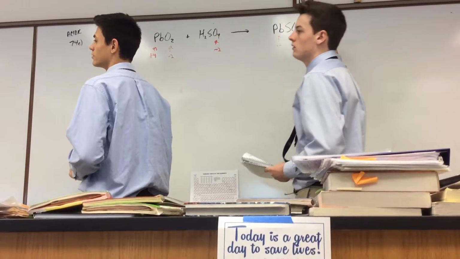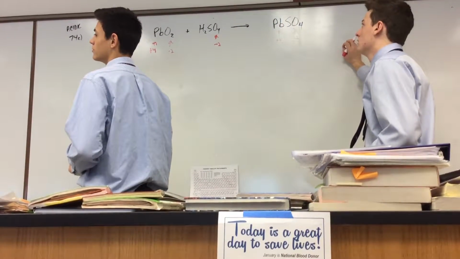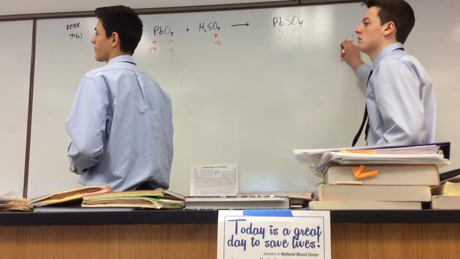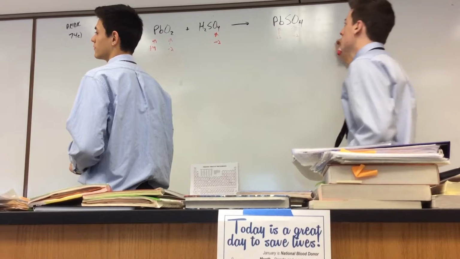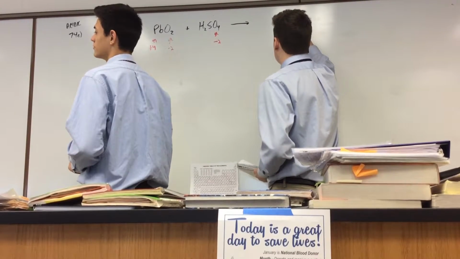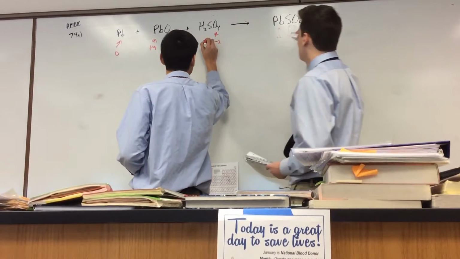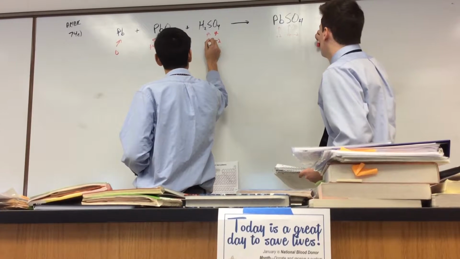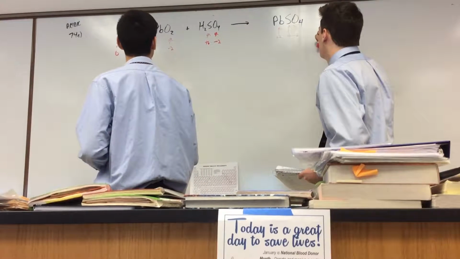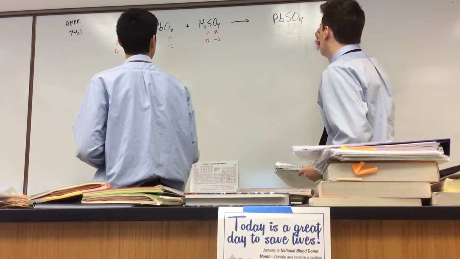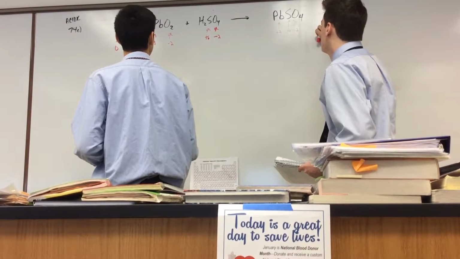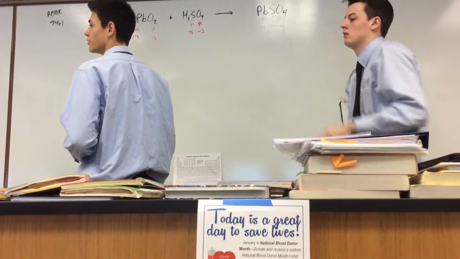So if you have 4 -2s, that adds up to -8. And SO4 is going to add up to -2, so that means S must be +6. And that means if SO4 is -2, then Pb must be plus 2, and then each H by rule needs to be plus 1.